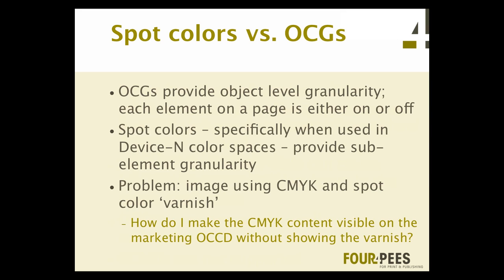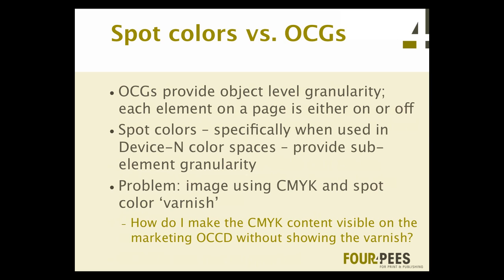Traditionally in packaging, they didn't use OCGs, and they don't still today in most cases. And they use spot colors, and that means that you don't have an OCG called varnish, you have a spot color called varnish. And the same with many of these other things that they use. Now, the spot color can provide actually more granularity than what an OCG can provide.